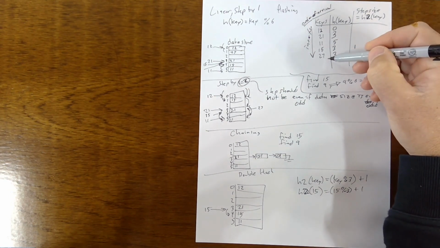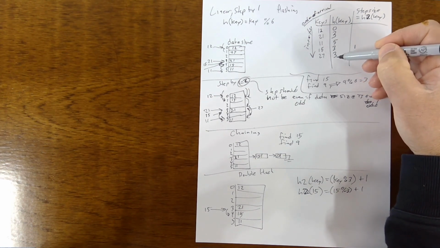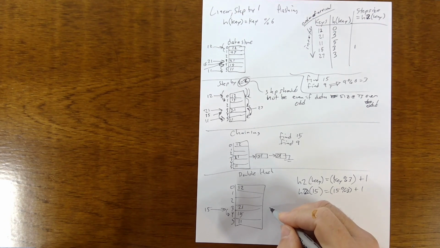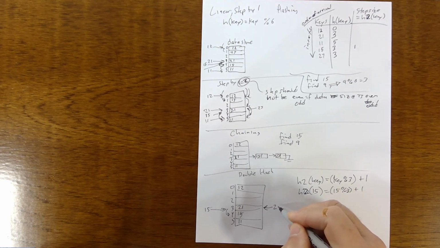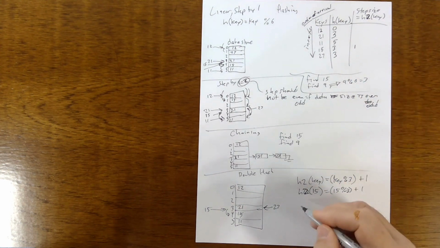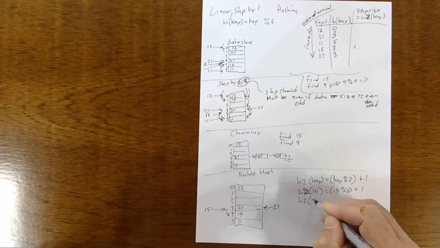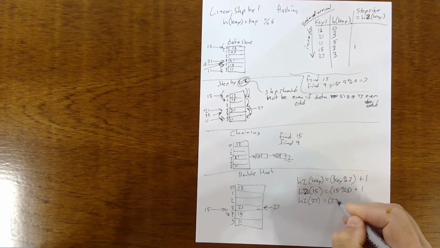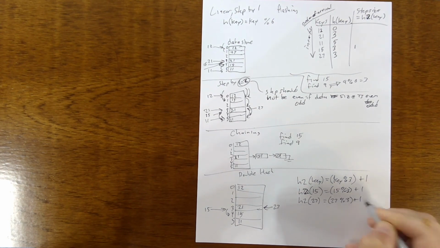And then 27 comes along. It wants to go in location 3. I'll draw it over here because it's messy. 27 shows up. There's a collision, so we need to generate a step size. So H2 of 27 is going to be 27 modulo 3 plus 1.